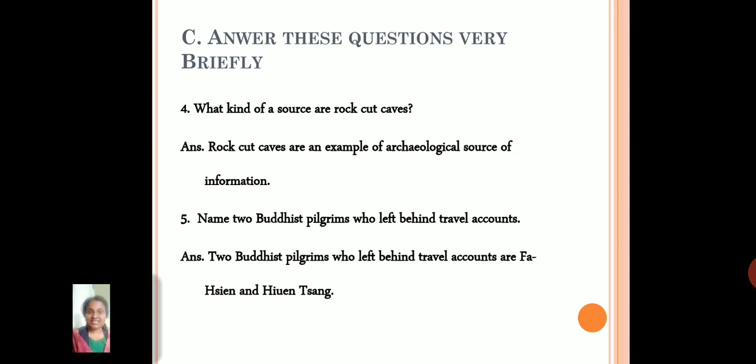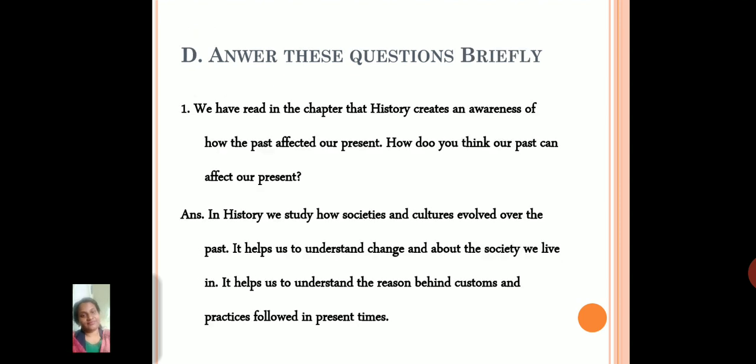Fa-Sien and Huan Sang. HIUEN, Huan Sang. T capital SANG. Huan Sang. Full stop. Alright, let me repeat the answer. 2 Buddhist pilgrims who left behind travel accounts are Fa-Sien and Huan Sang.